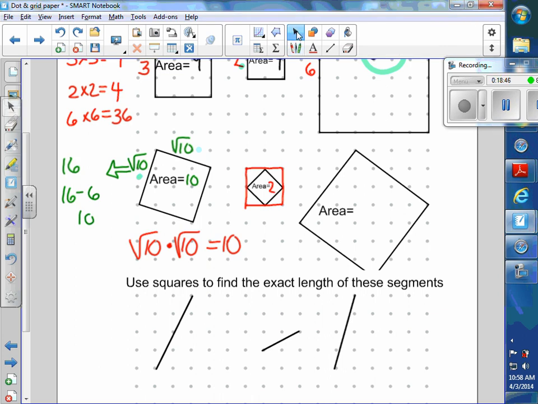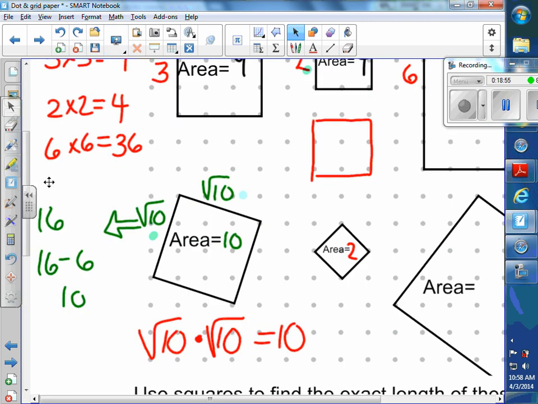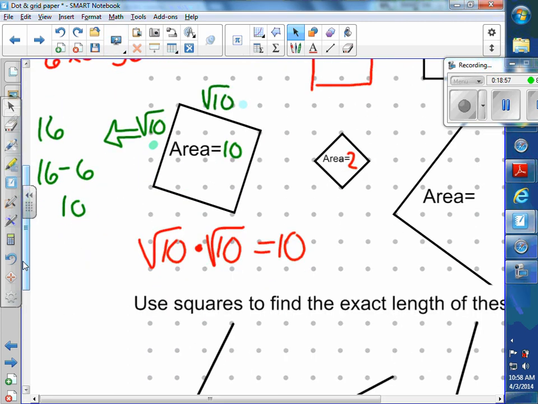So if we get rid of the square, and zoom in because that's pretty small, and I want to figure out the side length right here, it has to be what number times itself gives me a value of 2. Or 1.4. How do you write it? It's the square root of 2.